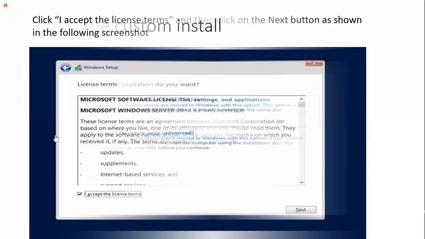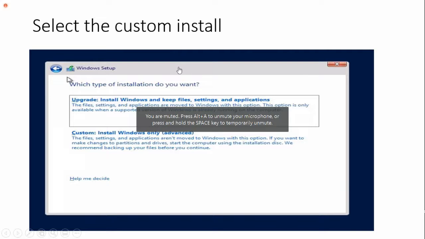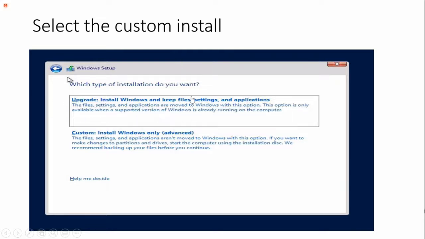And in this window, it's asking what type of installation you want. In this upgrade mode, as I mentioned before, if you do not want a clean installation, we can choose this. For example, if we have installed Windows Server 2008, we can upgrade using this method.